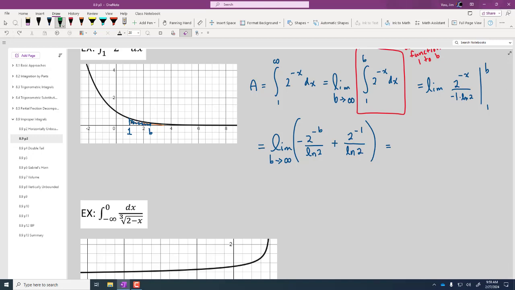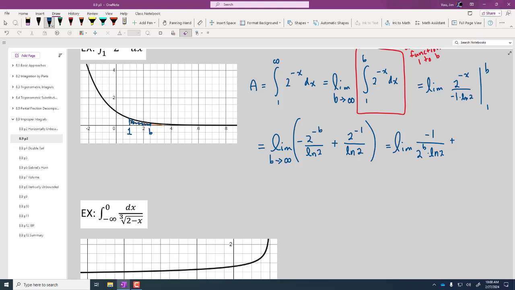If it's easier for you to see these types of limits without negative exponents, which for many people it is easier, you could always change this and say, hey, let's get rid of the negative exponents before even thinking about this limit. So we would pull the 2 to the b down into the denominator and make the exponent positive, and then we still have this multiplication by ln of 2.